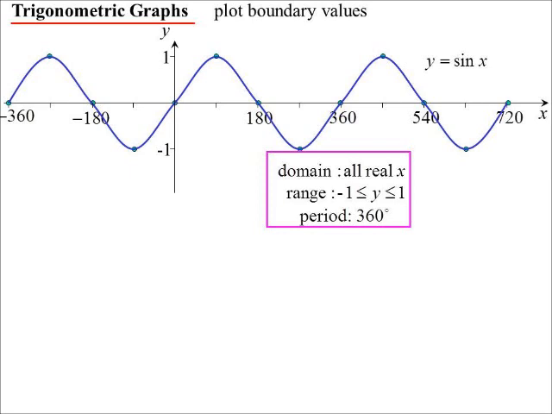Period, what's that? The period is how long does it take until the curve repeats. But not just repeats and travelling in the same direction. Because if I was to have a look at 0, 0, I'd say, well, it only takes 180 degrees till I'm back at 0. But that's not the period. Because at 0, 0, I'm travelling up, but at 180 degrees, I'm travelling down. It's not until I get to 360 that I'm travelling back up again.